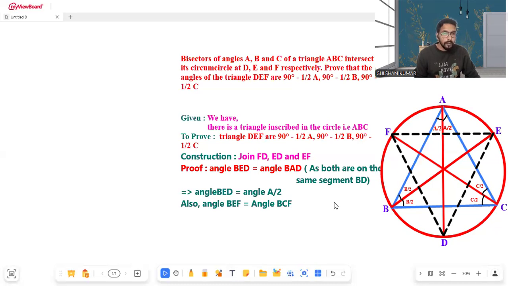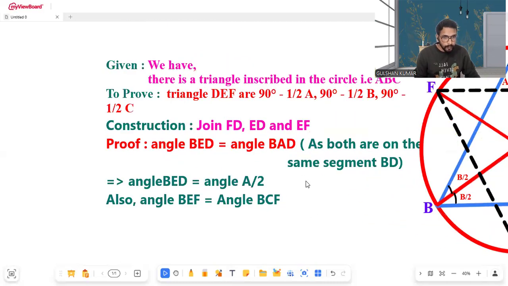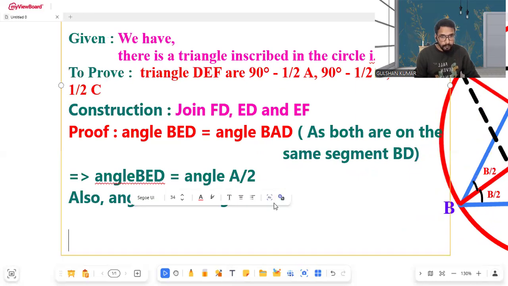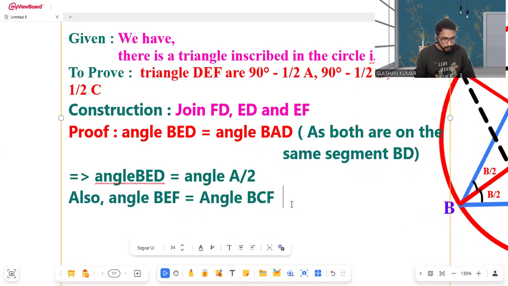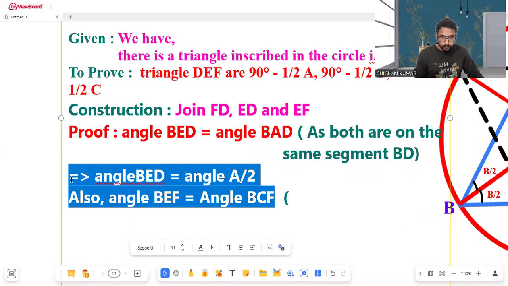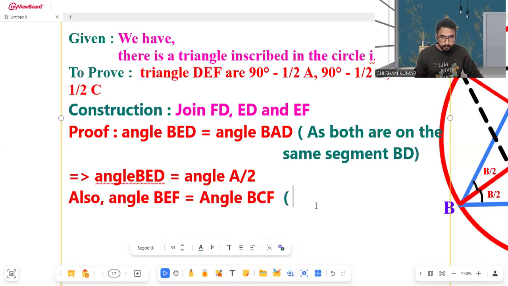This one. Because both are on the same segment, that is DF or FB. Okay. We are mentioning here the reason behind it.